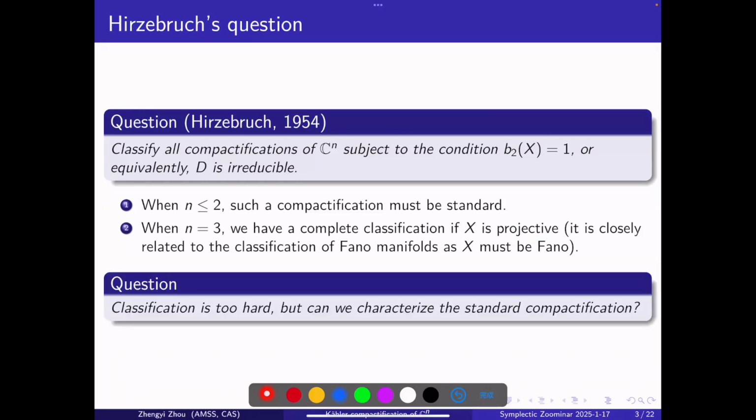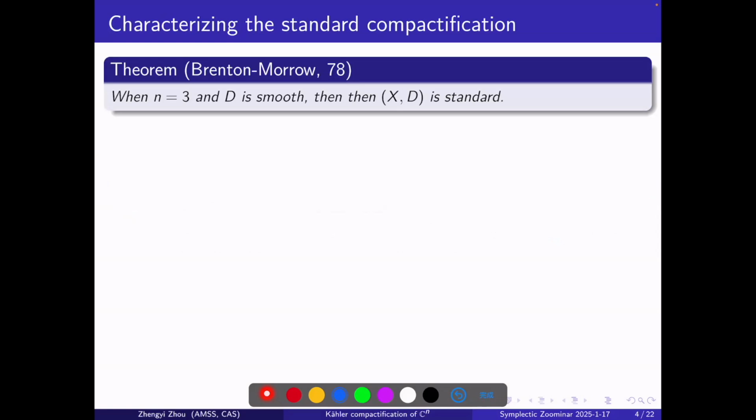Okay. So the moral is similar to all the questions in all kinds of geometry: classification is always very hard, especially in higher dimensions. It's often maybe hopeless. So maybe we can ask a weaker question, which is, can we characterize the simplest one, the standard compactification? This line of study started with the theorem of Brieskorn and Morrow quite a long time ago.